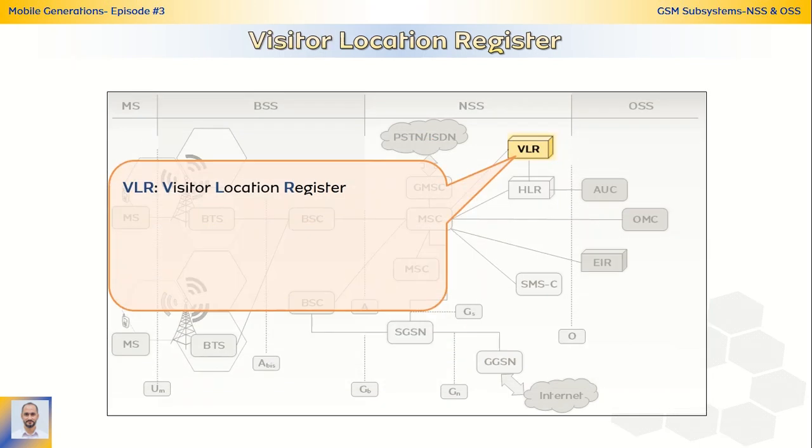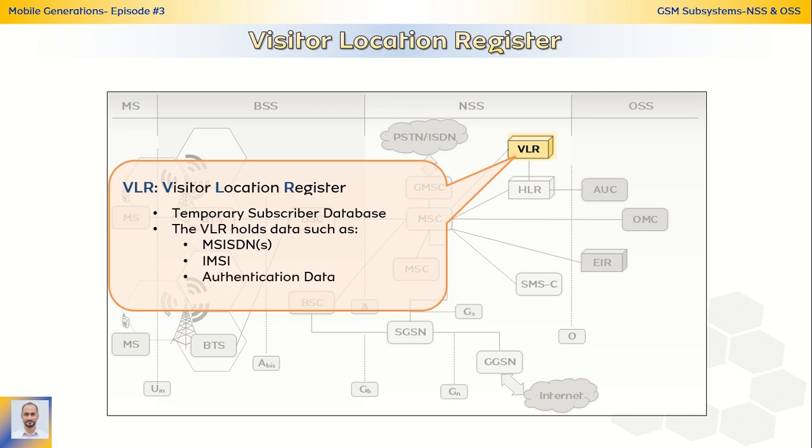The other location register is the VLR, which is a temporary subscriber database, holds data such as mobile subscriber ISDN, IMSI number, authentication data, and service profile.